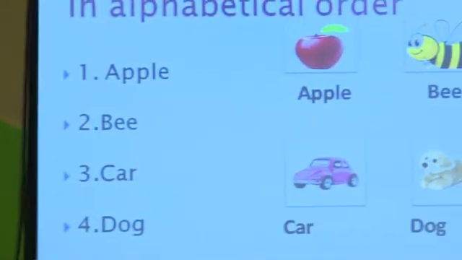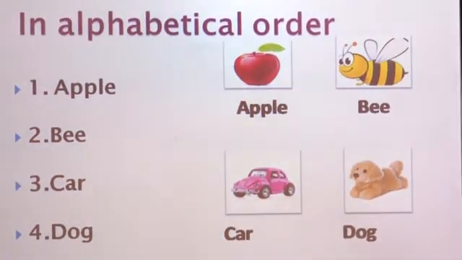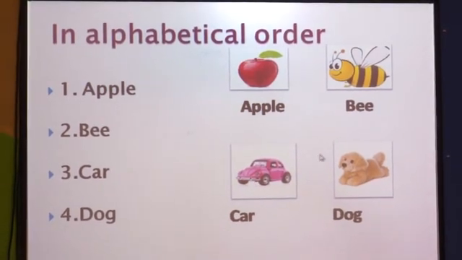Second, after apple, is bee. Third word is car, and fourth one is dog. If we arrange in alphabetical order, the answer is apple, bee, car, and dog.